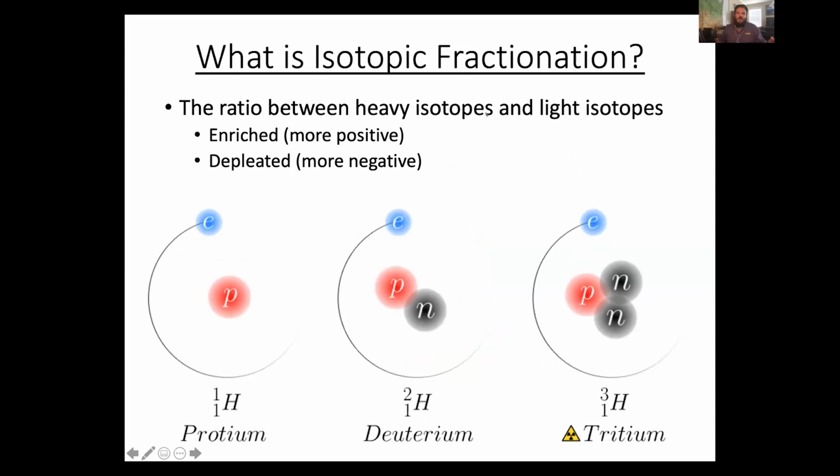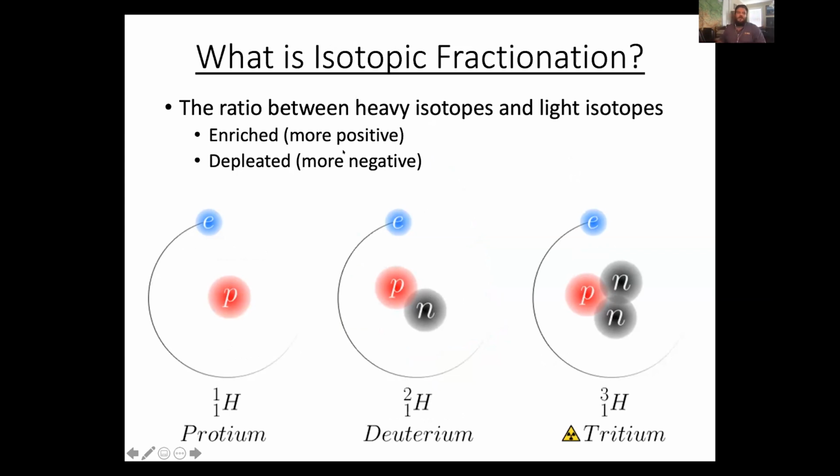So just a quick overview on what an isotope is. Most elements have multiple isotopes naturally in nature. And for this example here, we've also produced a radioactive one for the hydrogen bomb, known as tritium. But essentially an isotope is an atom with an extra neutron in its nucleus.